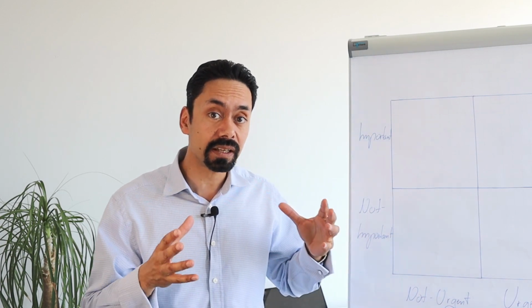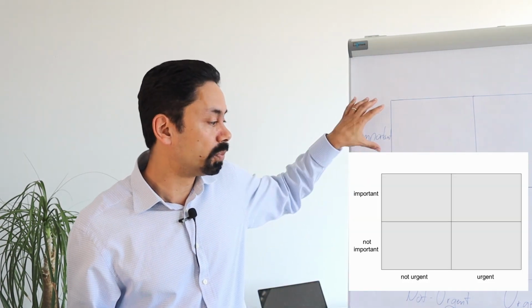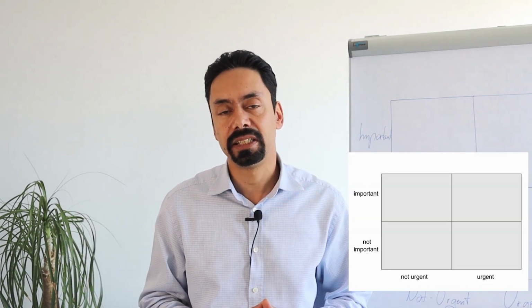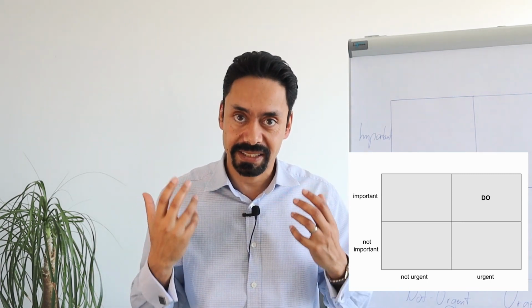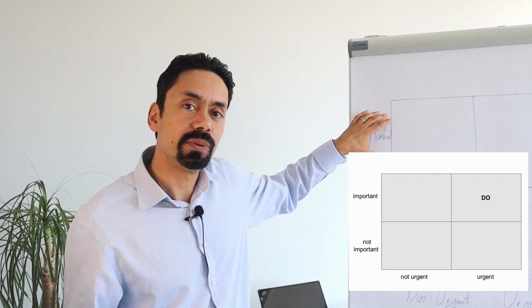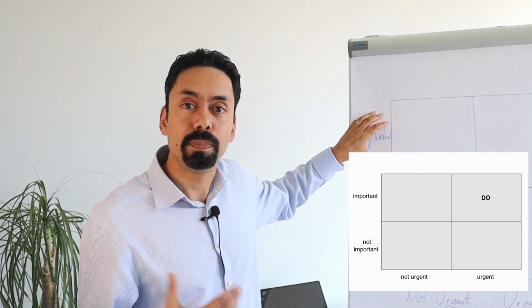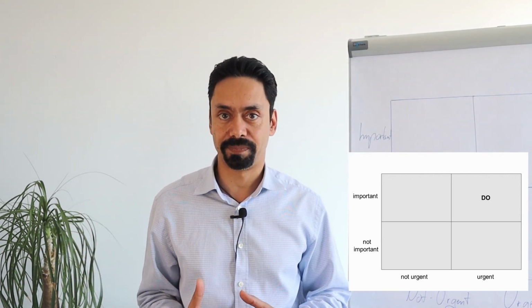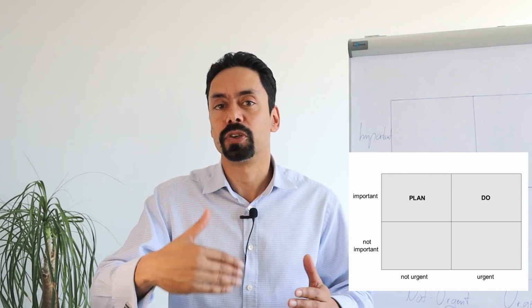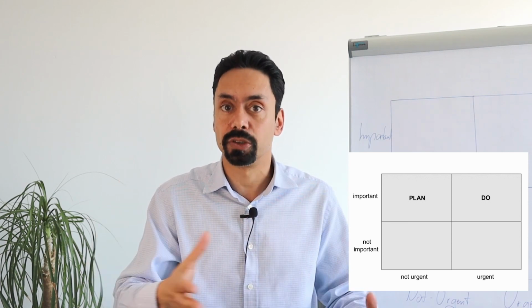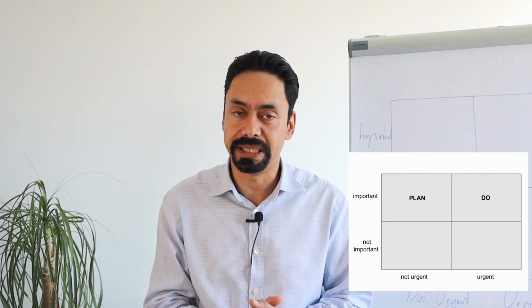Tasks which were important and urgent, he said, I'll do right away. Because it's important and urgent, it makes sense. Then there were tasks which were important but not urgent. So he said, I'm going to plan them. I'm going to schedule them maybe in 3 weeks because they're not urgent. So put some date there.